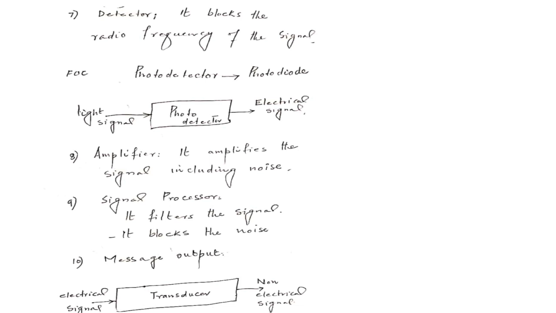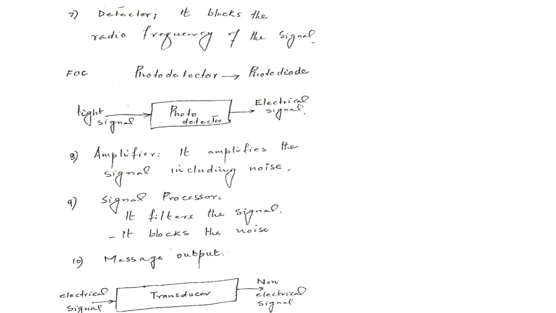You see, there are 2 frequencies in the modulated signal: the carrier of a very high frequency and then the signal, the electrical signal. The information is in the low frequency electrical signal. There is no information in the carrier. So we need to block the carrier because it does not contain information. So we need to block the radio frequency of the signal, and this is the function of the detector.